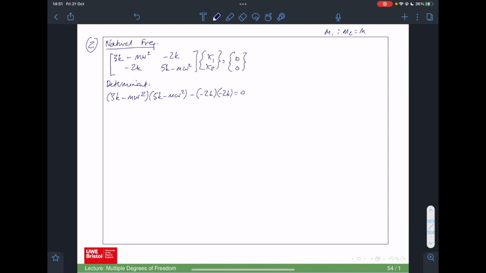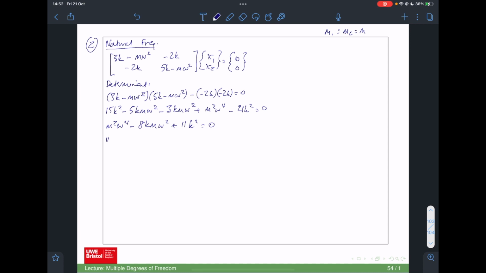Again we go through the motions. 3 times 5 is 15k squared, minus 5k m omega squared, minus 3k m omega squared, plus m squared omega to the power 4, minus 4k squared equals 0. So we've got m squared omega to the power 4 minus 8k m omega squared plus 11k squared equals 0.